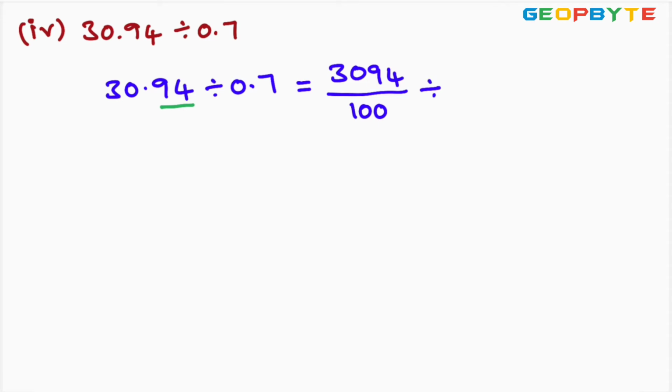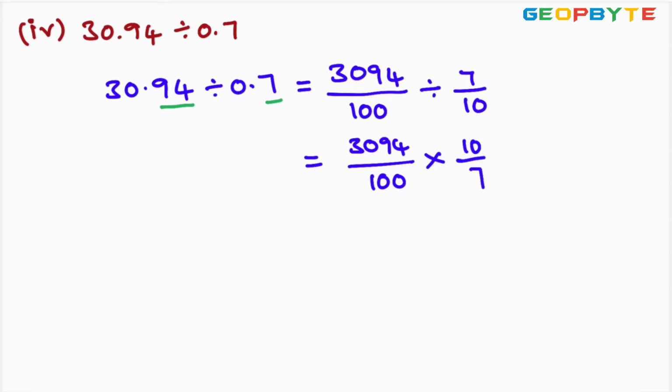divided by, in 0.7, after the decimal point, we're having only one digit. So in order to eliminate the decimal point, we need to divide with 10. So 7 by 10, which is equal to 3094 by 100 into the reciprocal of 7 by 10, which is 10 by 7.